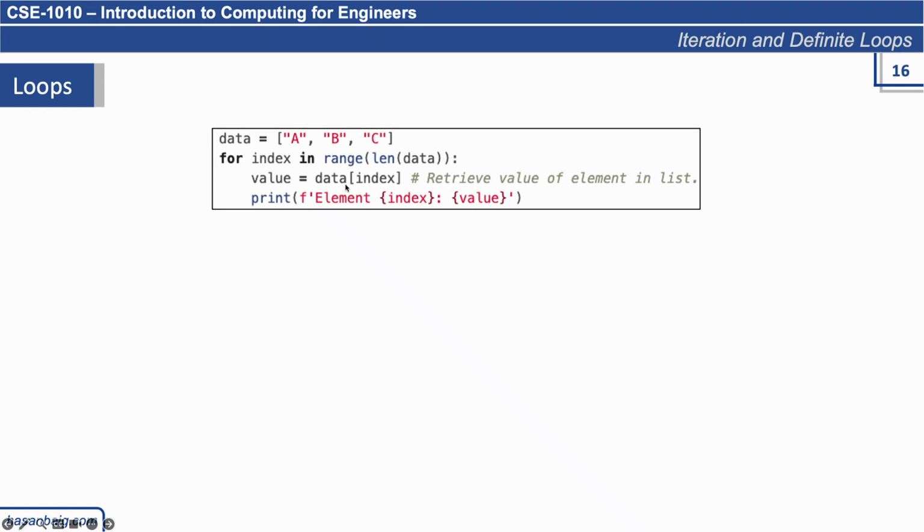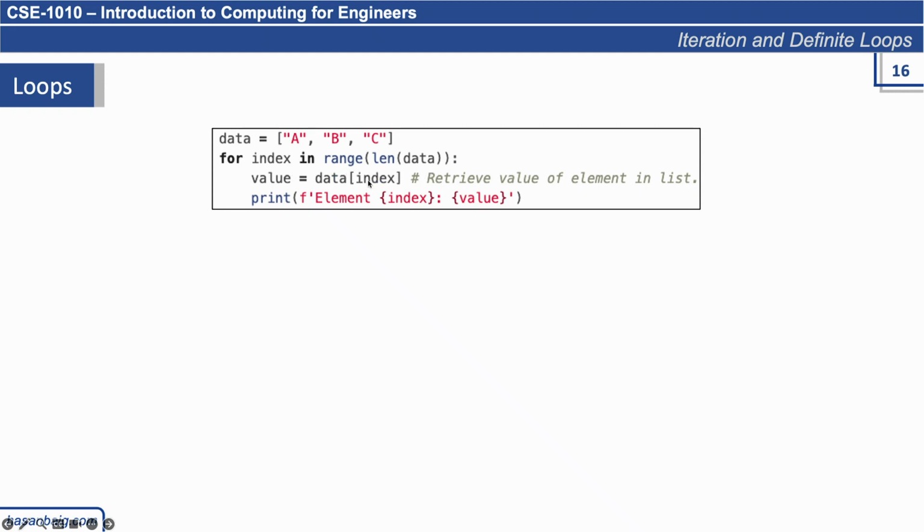So here you can see data is the name of the list, and we are passing the index value. Remember, in the quick recap, we discussed how we can access the element by specifying its index value. So we use the range function to write the loop, and in every iteration we get the index value, starting from 0, 1 and 2.